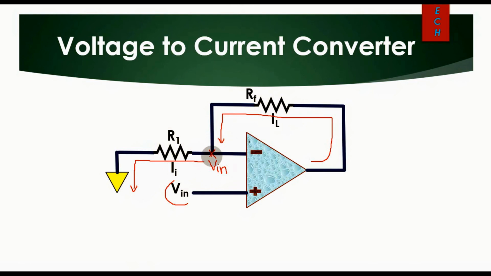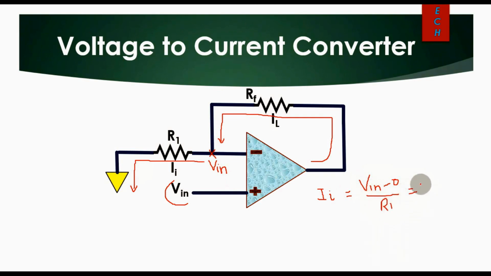So if you want to find out Ii, what will it be? Ii would be the voltage at this node, V in, minus the voltage at this node, which is 0, divided by R1.